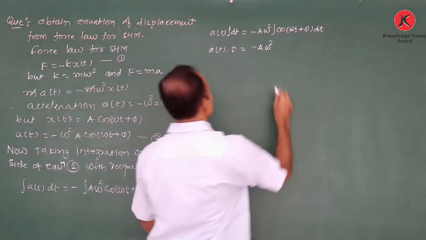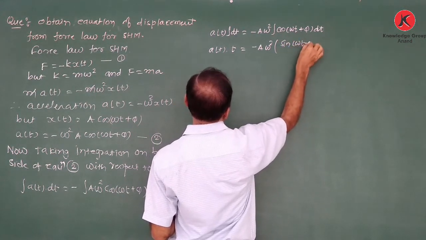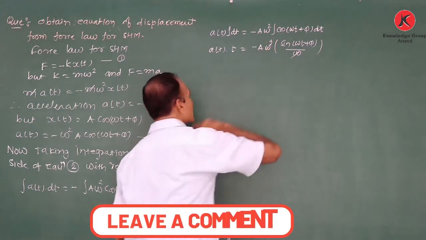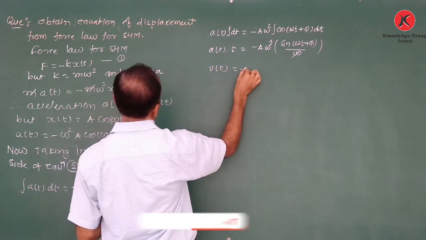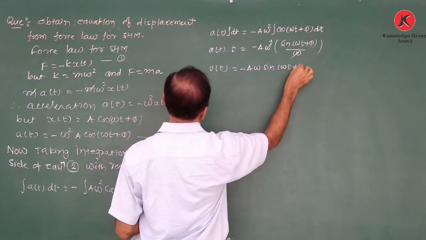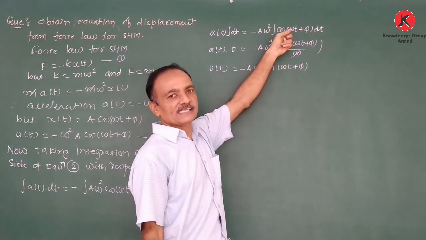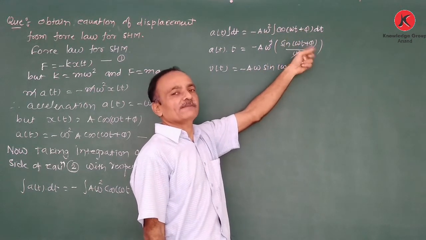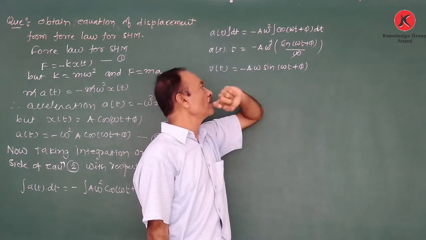Integration of cosine is sin(omega t) upon omega. So omega cancels, and here there is the velocity v(t), equal to minus A omega sin(omega t plus phi). The standard integration of cos theta is sin theta, and here cos(omega t plus phi), therefore sin(omega t plus phi) is the integration of the cosine term, and integration of omega t is 1 upon omega.